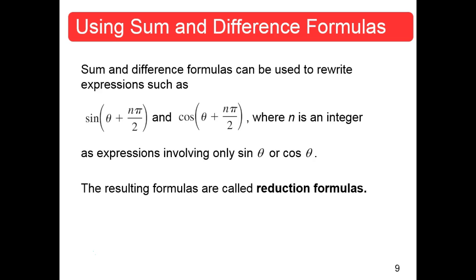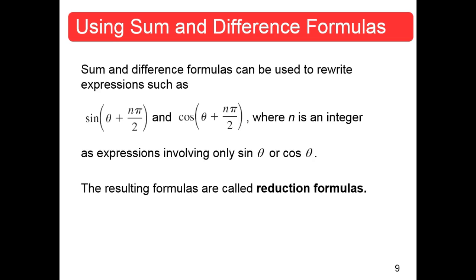All right. Now, that was example 5. Okay, right under 5 it says, sum and difference formulas can be used to derive a reduction formula for rewriting an expression such as sine of theta plus n pi over 2 as cosine of theta plus n pi over 2.